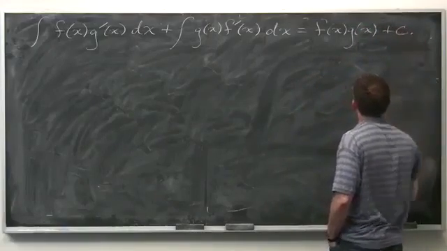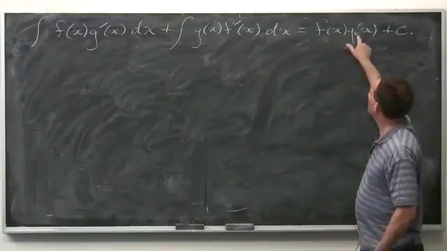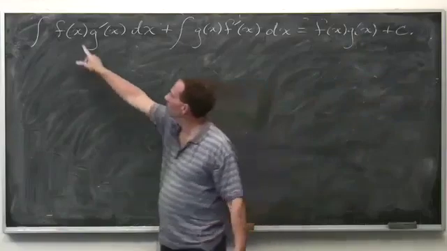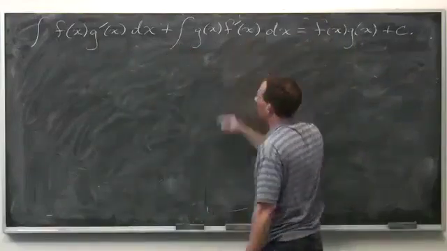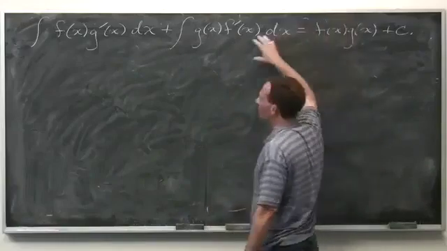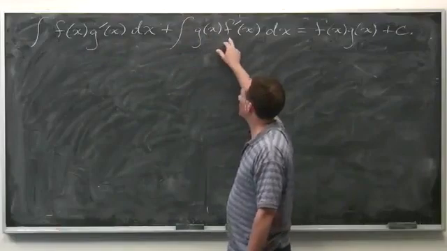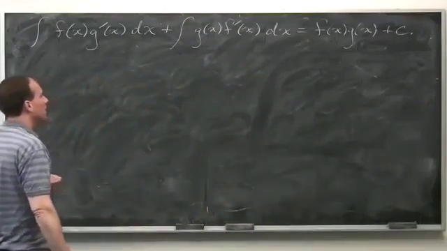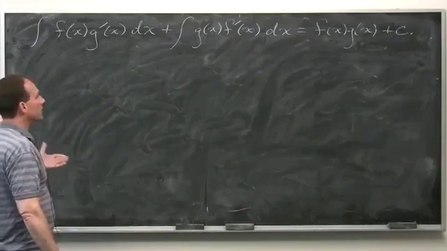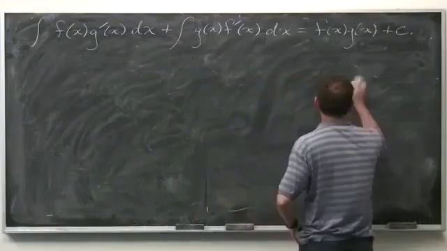Why? Because the derivative of f of x times g of x is the first thing times the derivative of the second, so it's this part, plus the second thing times the derivative of the first. So yes, the derivative of this is f g prime of x plus g of x f prime of x. This is the product rule in reverse. How this gets used as an anti-differentiation formula, though, is slightly different.